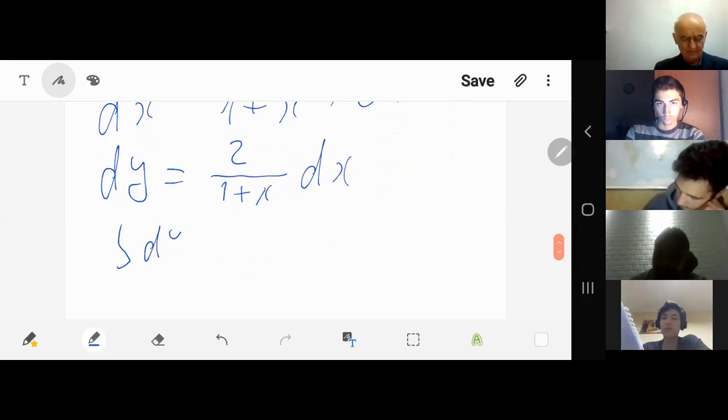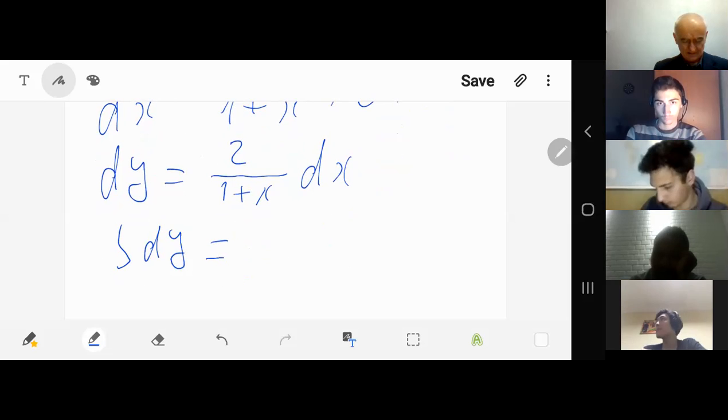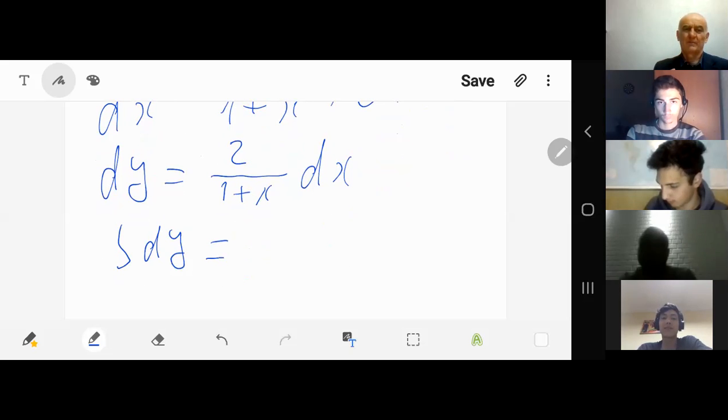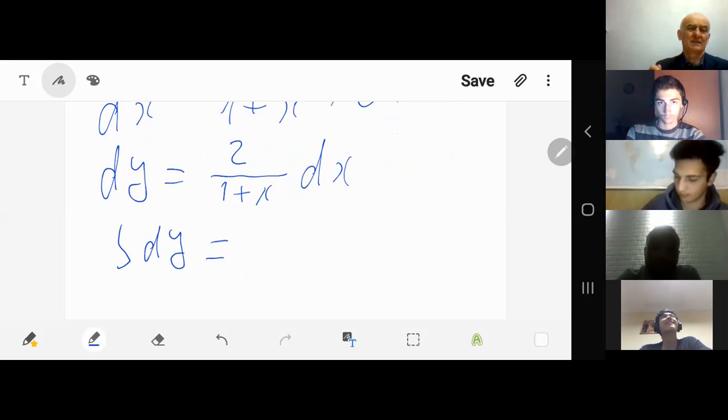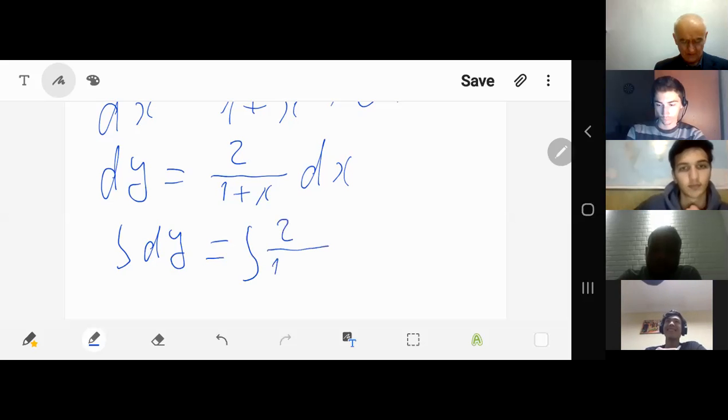Integral dy equals, I will write down here the integral, and at the same time I can move out 2 across the integral sign. Or I can do it later, after one step. 2, 1 plus x dx.